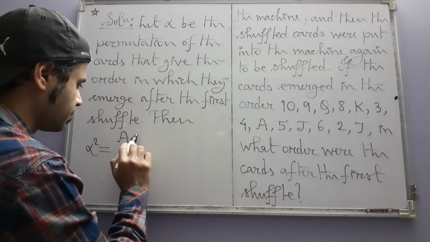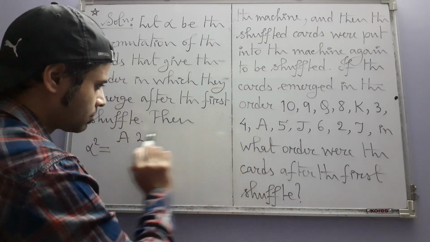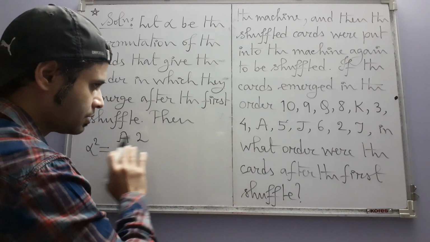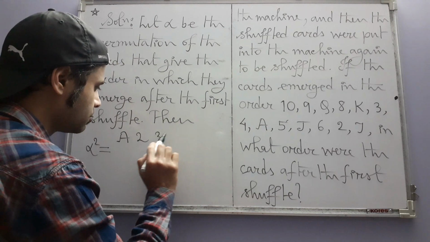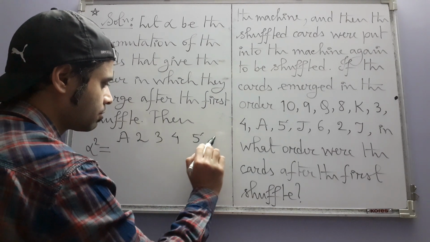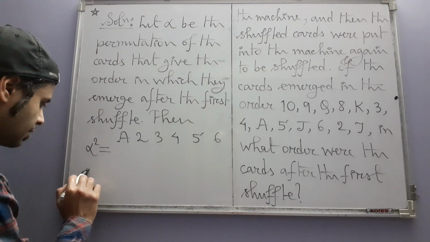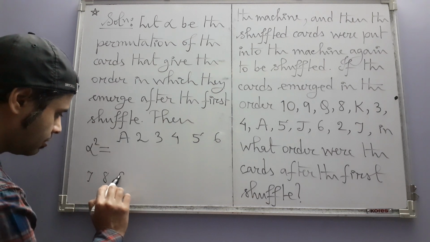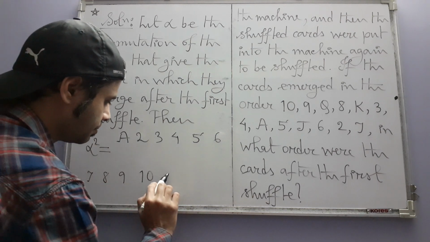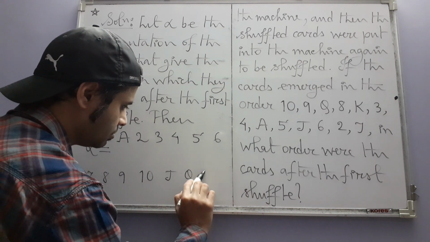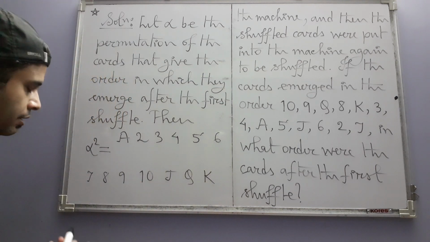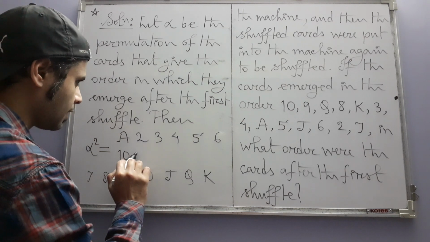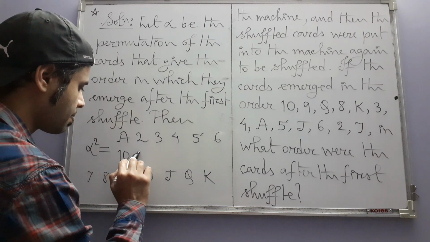That is, if the cards are originally put in their initial order, that is ace, 2, 3, 4, 5, 6, 7. I have to break the symbol because of lack of space. 8, 9, 10, Jack, Queen, King. Then this new order emerges after running the machine twice.